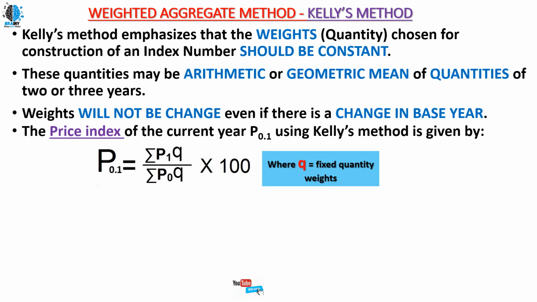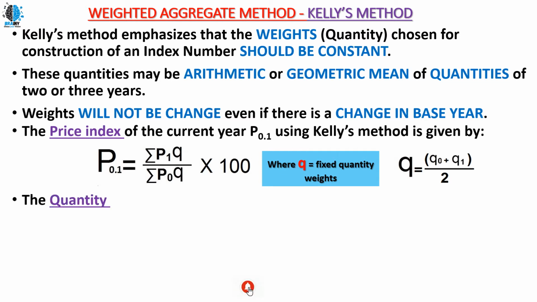How to calculate this Q? Q is equal to Q0 plus Q1, whole divided by 2. So we are taking the arithmetic mean of the quantities to find the fixed weights.